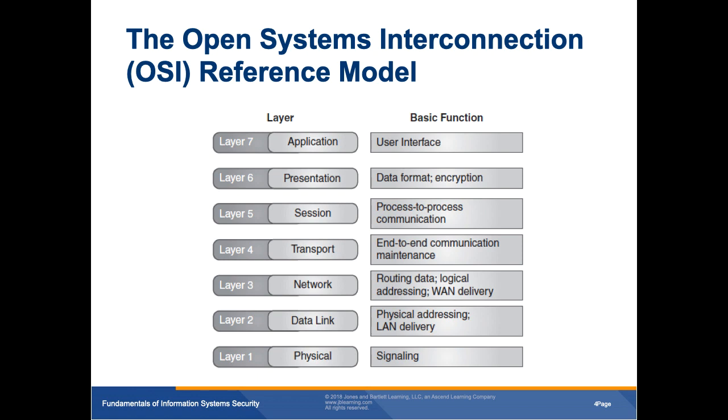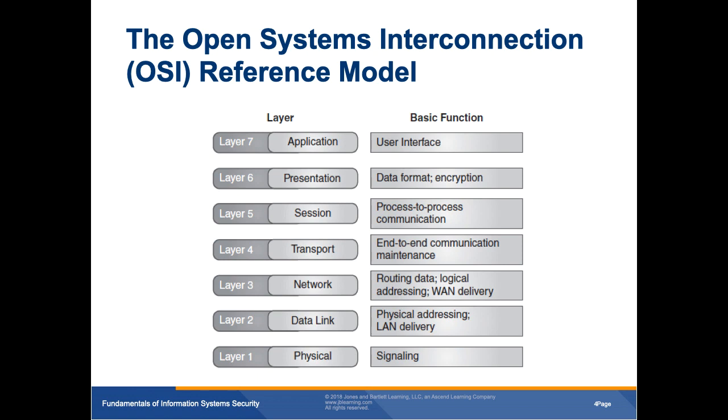Layer 2 is our data link layer, and it's responsible for transmitting information on computers connected to the same local area network, or LAN. The data link layer uses the media access control, or MAC address, to identify the devices, and device manufacturers assign each hardware device a unique MAC address. That's burnt into the network cards so that no one computer would have a duplicate MAC address.